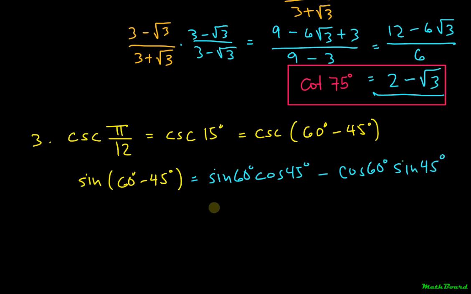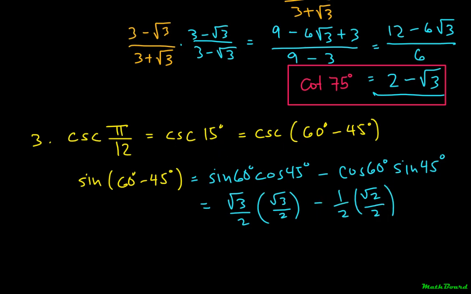So sine 60 is square root of 3 over 2. Cosine 45 is square root of 2 over 2. Cosine 60 is 1 half. Sine 45 is square root of 2 over 2. Okay, sorry for that, the correction here.